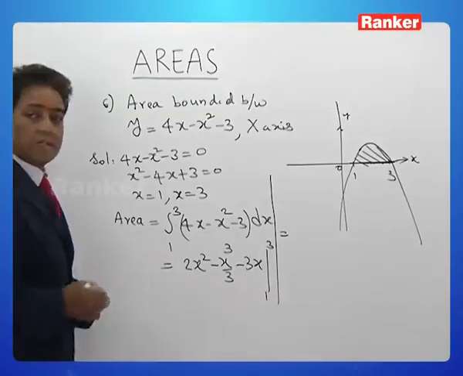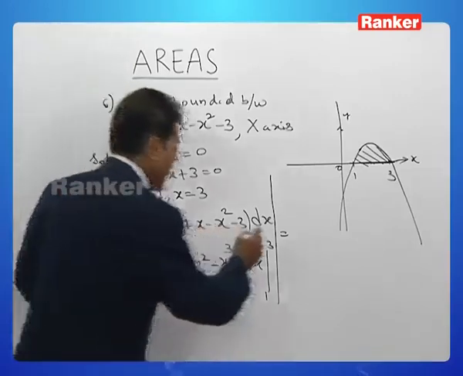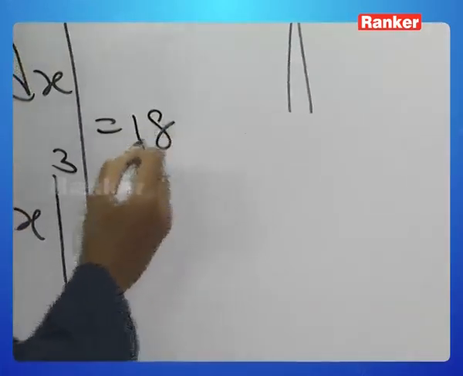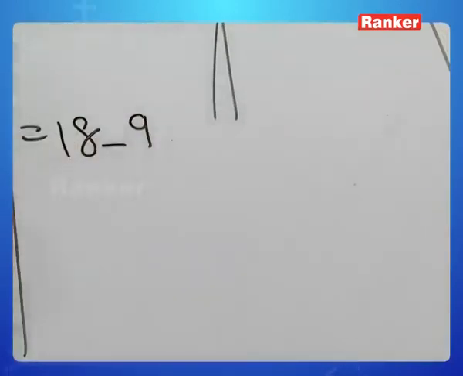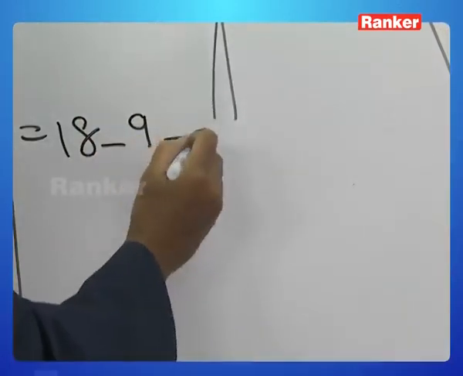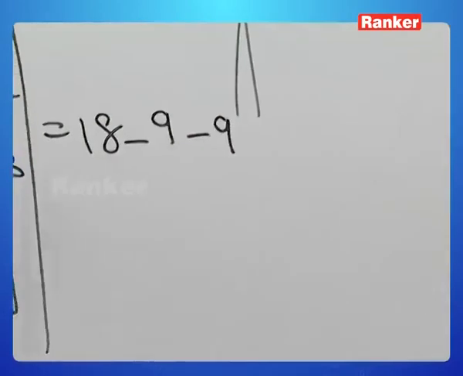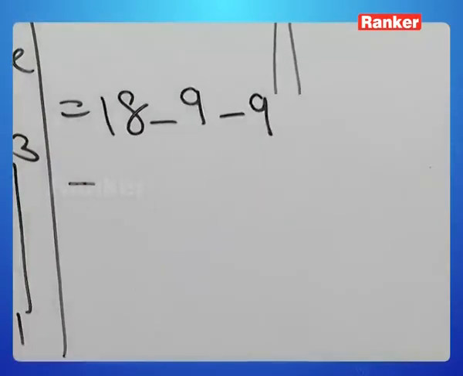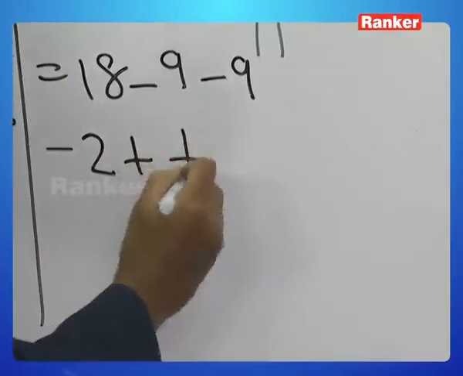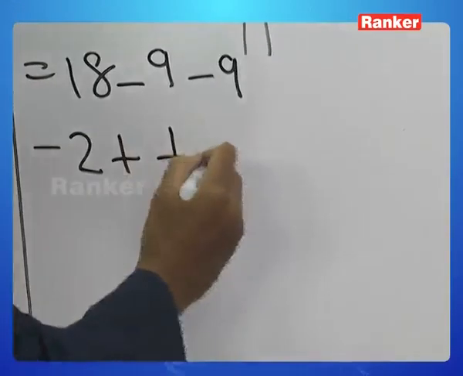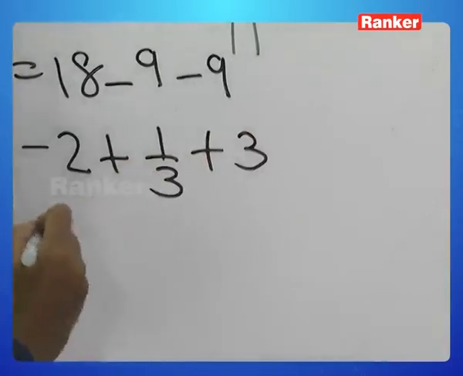When you substitute 3, it becomes 2 into 9, 18. 3 cube by 3, 27 by 3 and 3 into 3, 9. When you apply lower limit, minus 2 plus 1 by 3 plus 3.